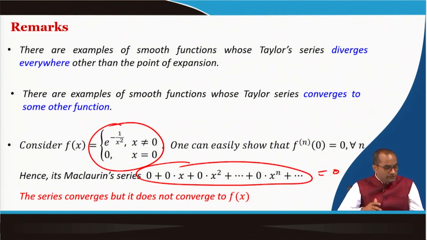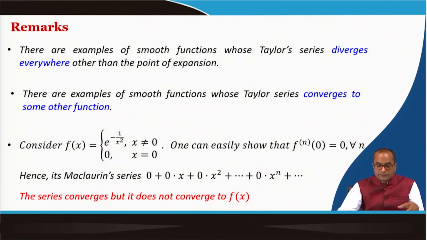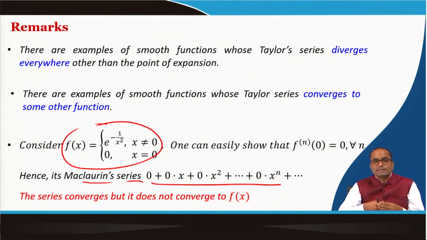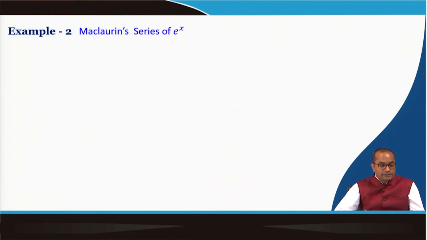So in this very simple example we have seen that for this function, the Maclaurin series, if we write it down, does not converge to the function value. It converges in this case, but it does not converge to the function value f(x). This is identically 0 for any value of x. So here we have to be a bit careful.